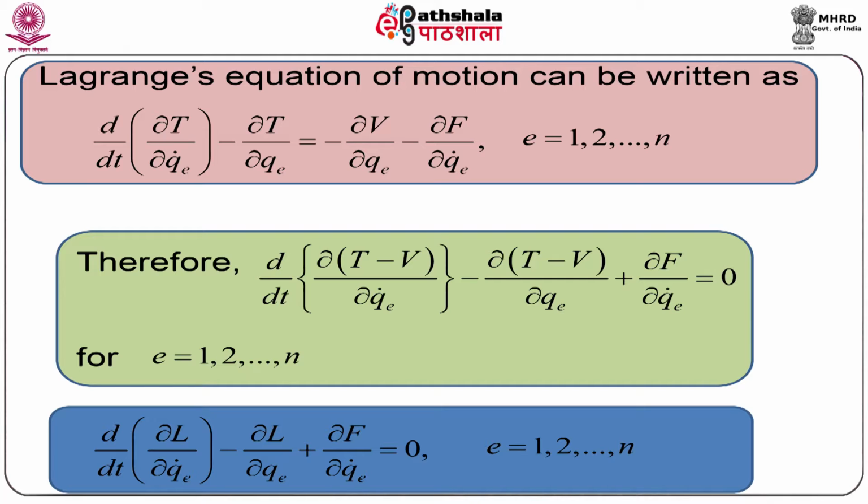If we put L equal to capital T minus capital V, then the above equation can be written as d/dt of del del qk dot operated on capital L minus del del qk operated on capital L plus del capital F del qk dot equal to 0, where L is the Lagrangian of the system.